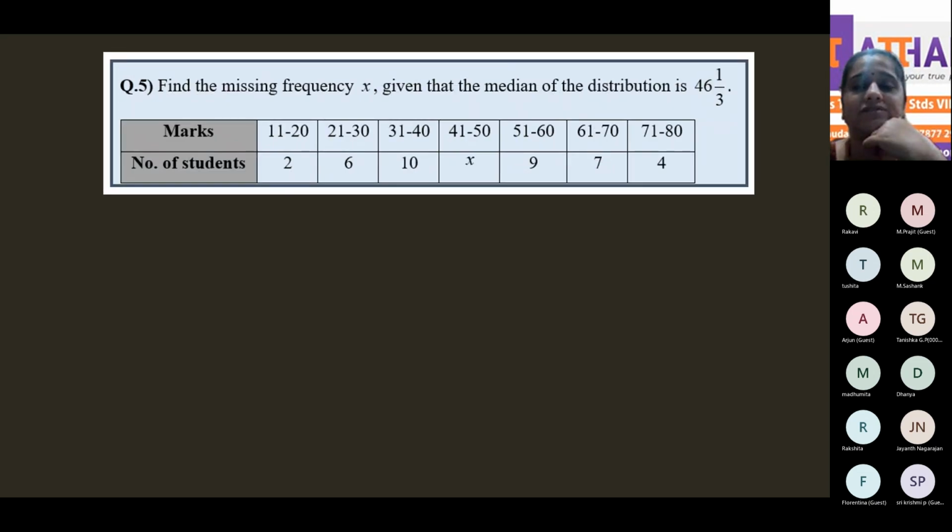Next, find the value of x. Very good, Rakshita. So happy. Thank you, ma'am. What's the value of x here? Ma'am, here I was a bit confused, so I left it.